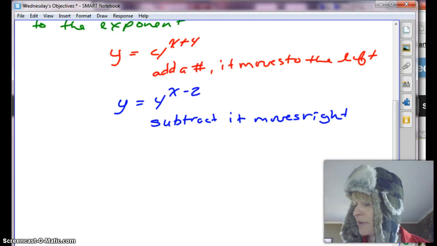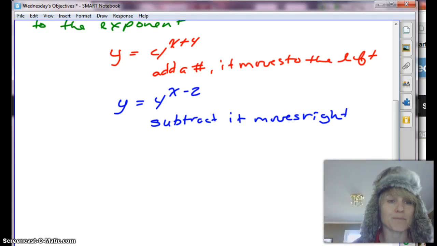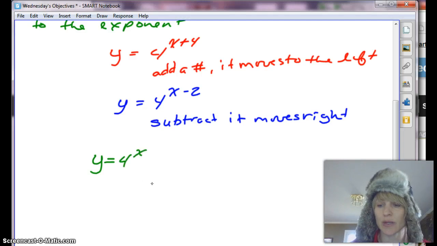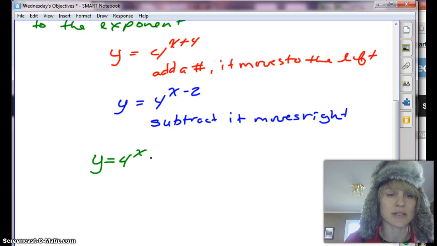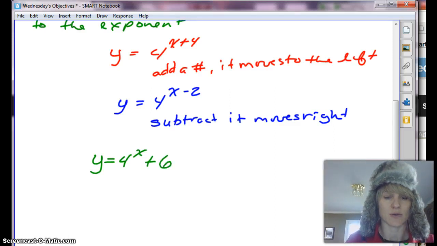Then we looked at a couple other types of problems. Go back to my basic equation. Now if I want to translate it up or down, it's a little bit easier because it actually follows the way you would think it. So let's say I want to move it up 6 units, okay? So this time it doesn't get put in the exponent, it just gets added to 6.